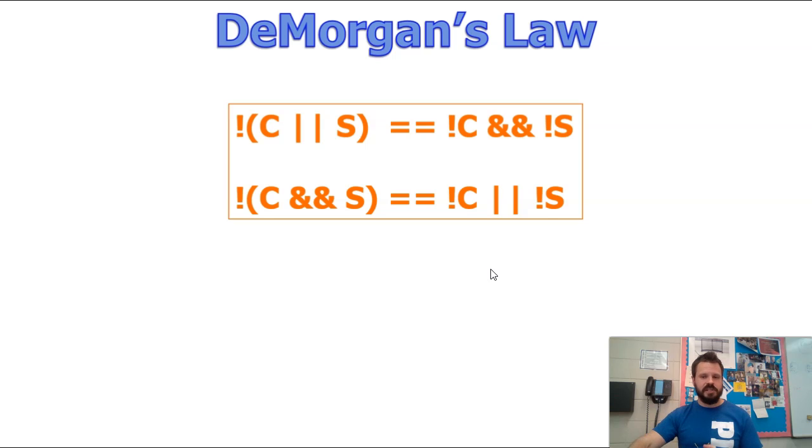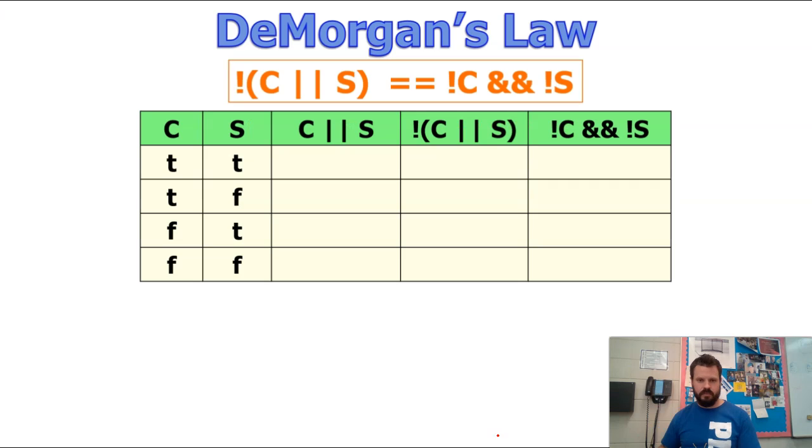Now, DeMorgan's law is basically a way to distribute the nots. We could say that not (C or S) is the same thing as not C and not S. And then flipping that around, not (C and S) is the same thing as not C or not S. Let's take a look at why those are true.